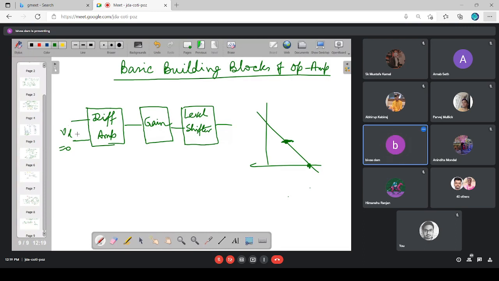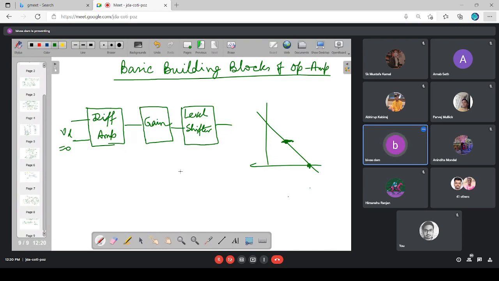So when the input difference voltage is 0, the gain stage output is having that DC offset, and this level shifter is bringing the DC offset to 0 level. It is the function of this level shifter to ensure 0 output for 0 input difference voltage by design.